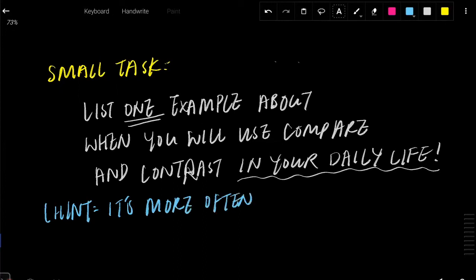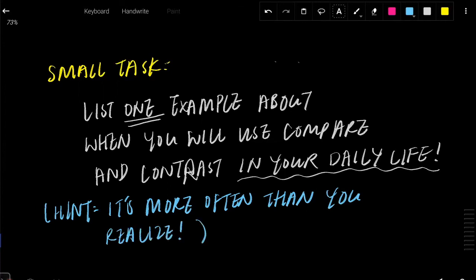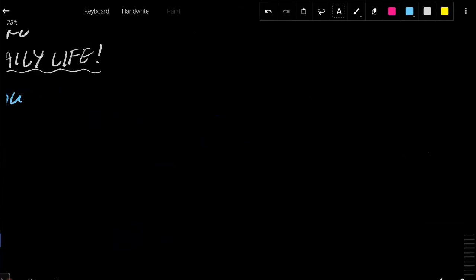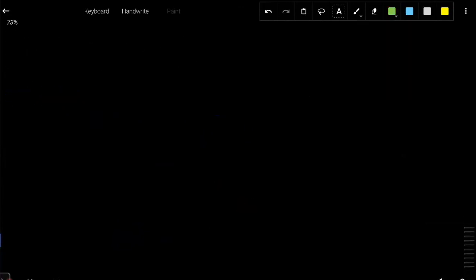As a hint, it is actually more often than you realize. For example, if you buy things, you already use compare and contrast. So you can try to observe how this skill is used in your daily life.